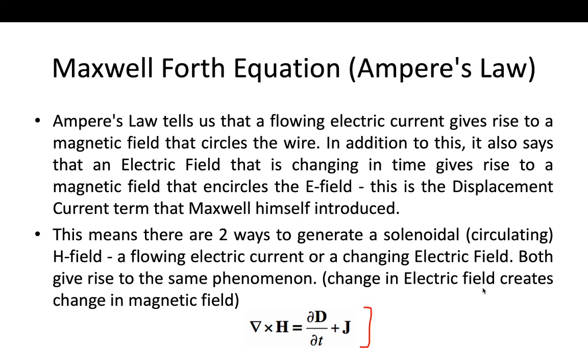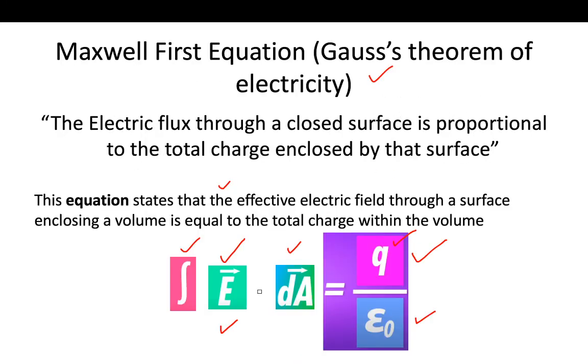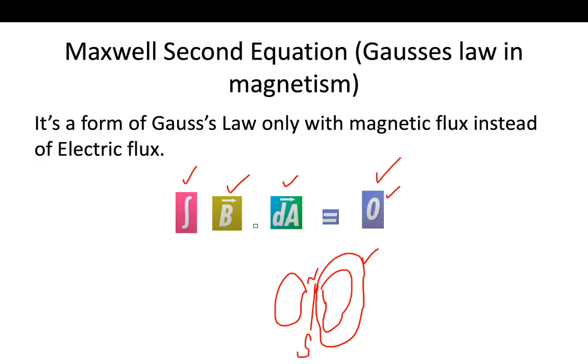So these were the four equations of Maxwell. Let's do a quick revision. What is the first equation? The first equation says that whenever there is an electric field, there is a charge, and whenever there is a charge, electric field is present there. Second, what did the second equation say? The second equation said that in magnetism, or Gauss's law in magnetism, there is always a closed path.